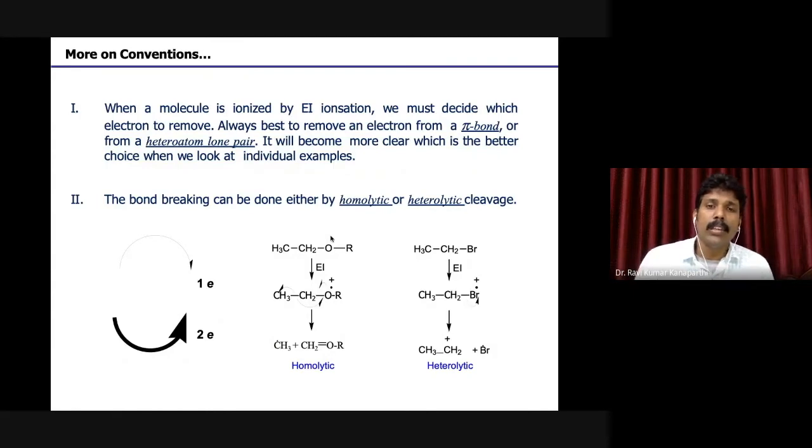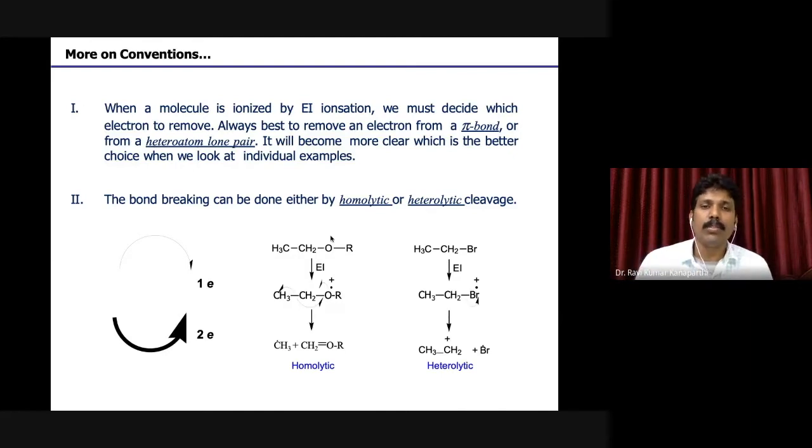Another thing is where the molecular ion should be written. You might have noticed in the previous example, methanol, that the radical cation is shown on the oxygen atom. That is one convention.